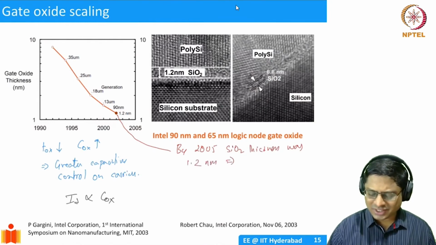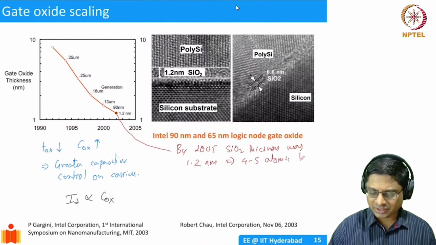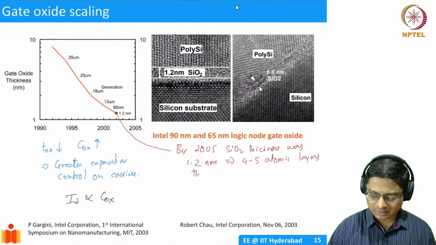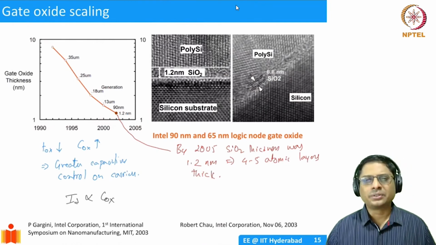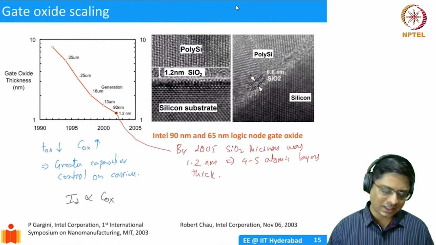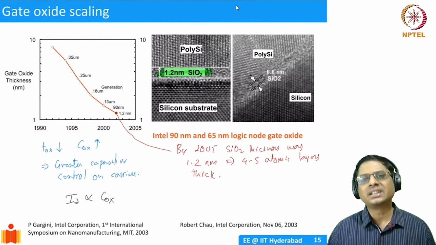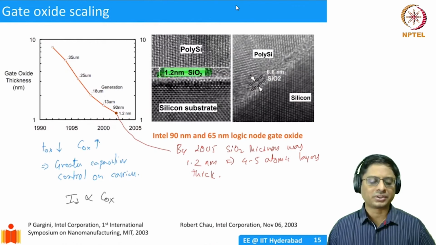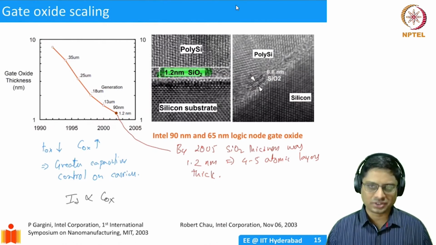This implies that it's essentially 4 to 5 monolayers, 4 to 5 atomic layers thick. I mentioned this fact already. So if you have very thin SiO2, as shown in the picture here, you can have strong leakage.